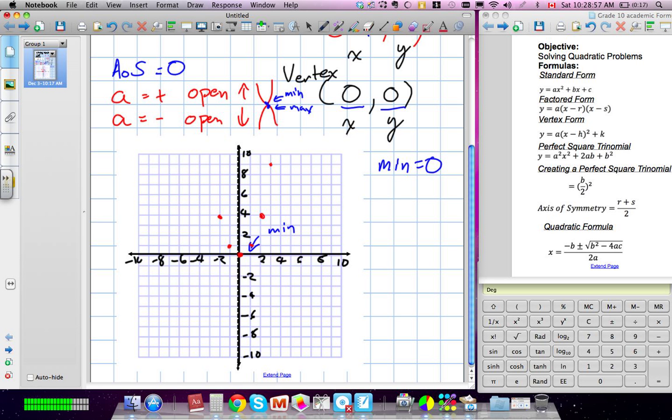One of the next questions asks us for x-intercepts. What are our x-intercepts in this question? When we take a look at this, how many times does it touch the x-axis? Once. 0. So our x-intercept is 0. What's our y-intercept? 0. Same thing.